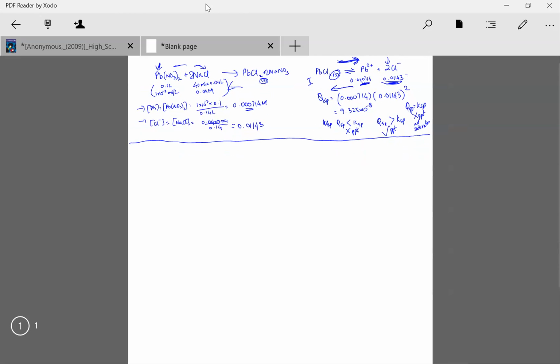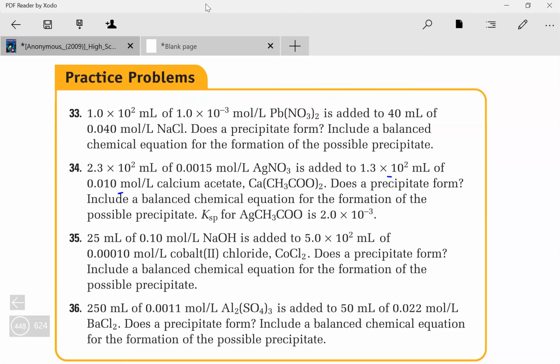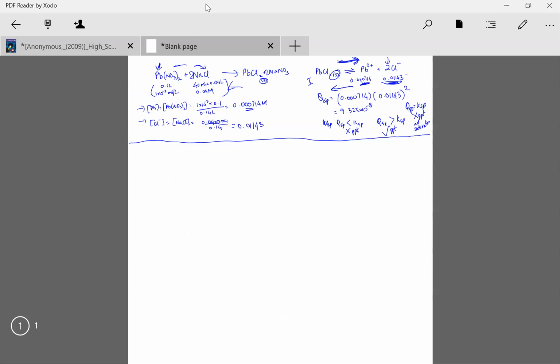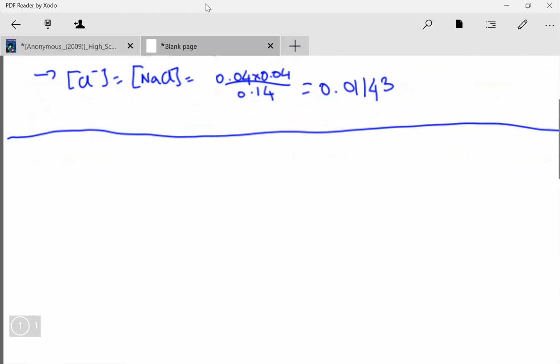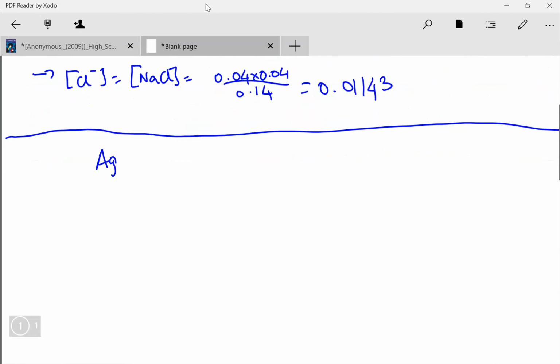Okay. Next question. The KSP is given, so I like this question. AgNO3, calcium acetate. Never mind, I don't like this question. Let's write acetate ions. AgNO3 0.23 liters, 0.0015 molar.